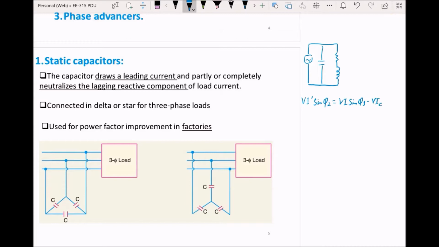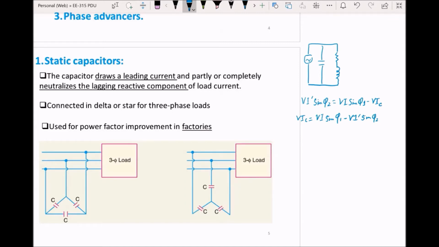If I take this VI_C on the left hand side, I can rewrite it as VI_C equals VI sine phi 1 minus VI' sine phi 2.